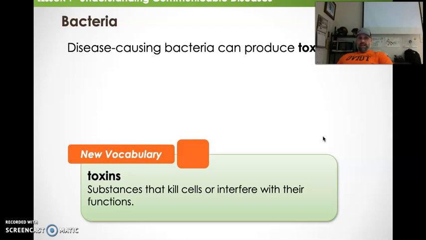So the thing that gets to be somewhat controversial right now in the world we're living in is people saying that we should be wearing masks when we go places, or wearing rubber gloves when we touch certain things. The only downfall is, yes, it's protecting you from what could potentially be something invading the body, a virus or a bacteria, but the body needs a certain amount of bacteria.